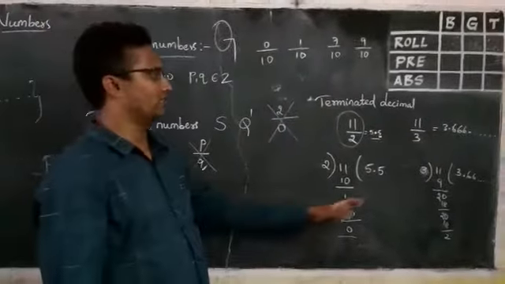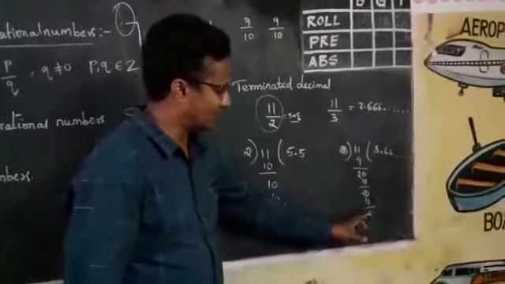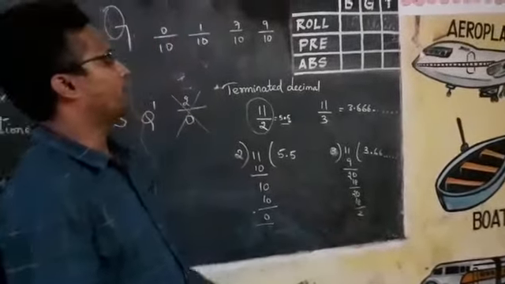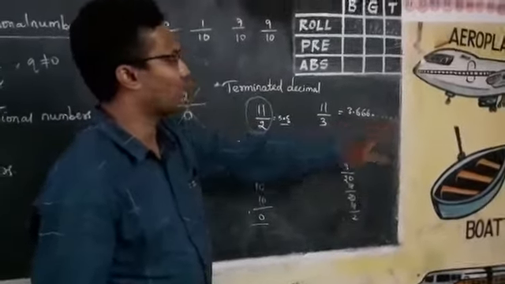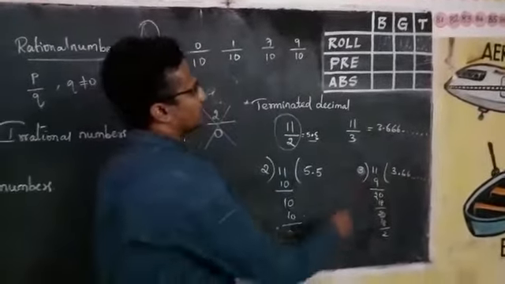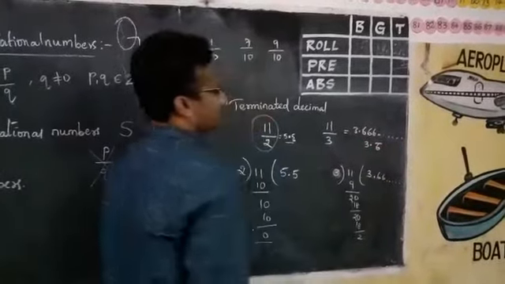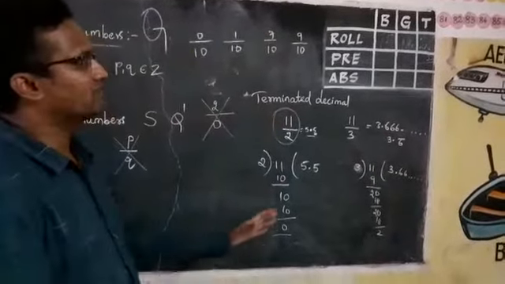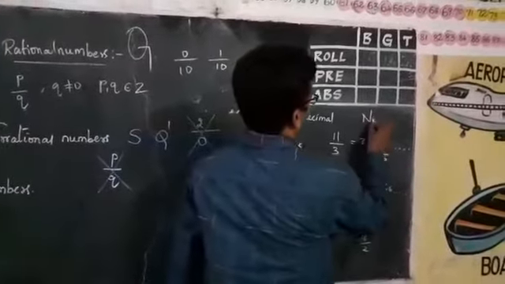And in this division you can see that the remainder is not becoming 0, it keeps on going, and you can see the decimal part is repeating. This can be written as 3.6 with the 6 repeating. The decimal part does not terminate, so it is called non-terminating.